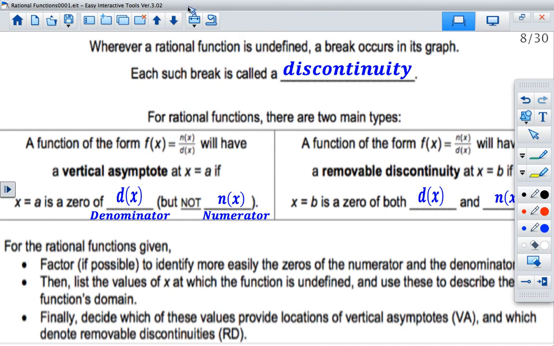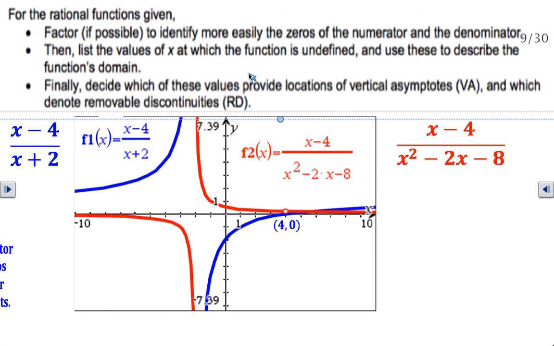Actually, let me see if I have them over here. Yep, I do. All right, so for the rational functions given, factor if possible to identify more easily the zeros in the numerator and the denominator. We discussed that in our unit on polynomials. Anytime you have your equation factored, it's much easier to find your solutions.